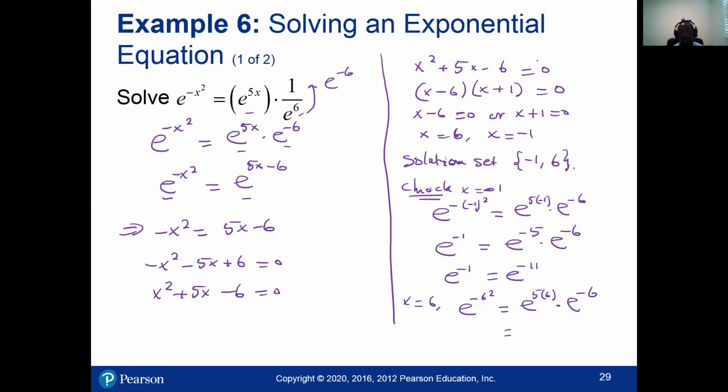Let's see, did I do this right? You got x squared is minus and this plus. Let's go to that. x is equal to 6. And then x plus 1 equal to that. Okay. So you get e raised to 30 times e raised to minus 6.